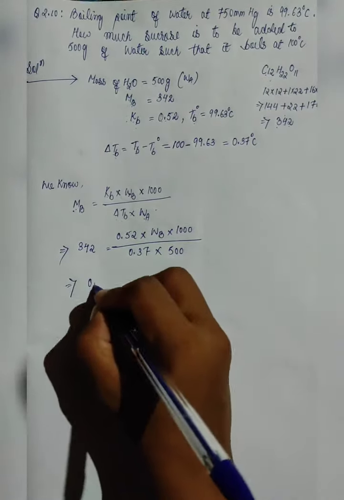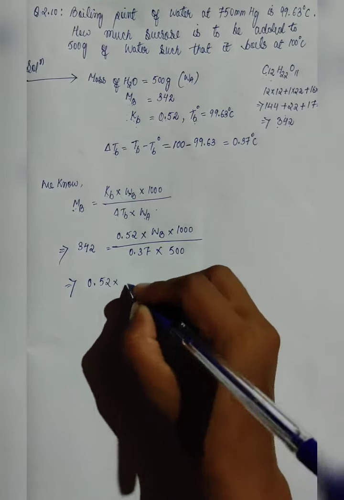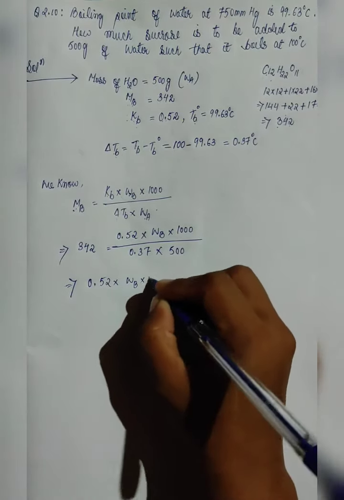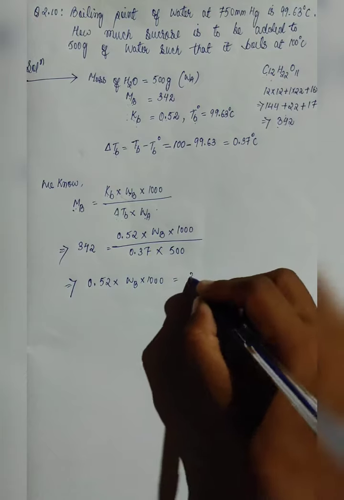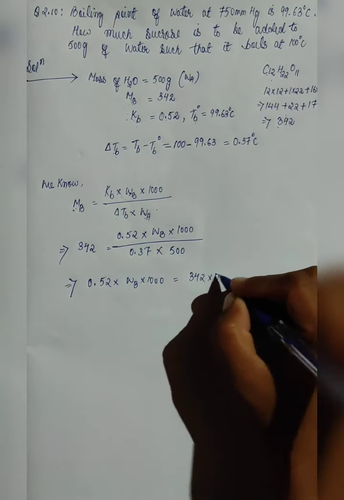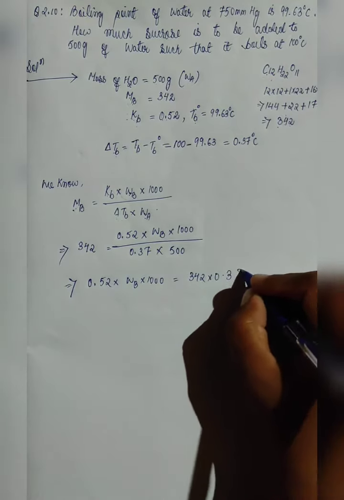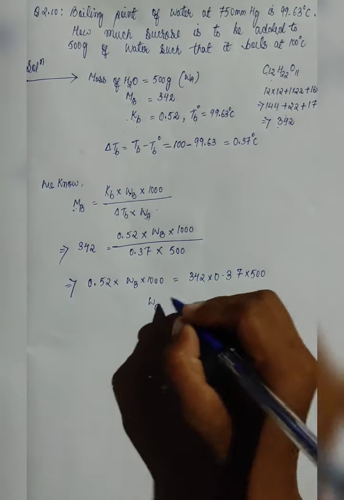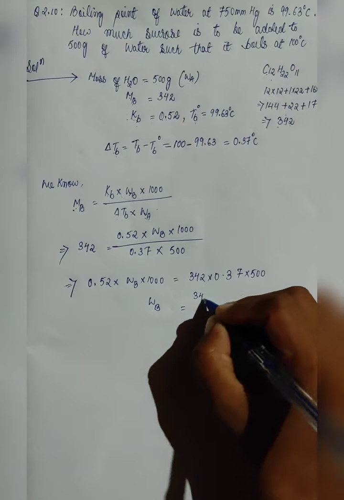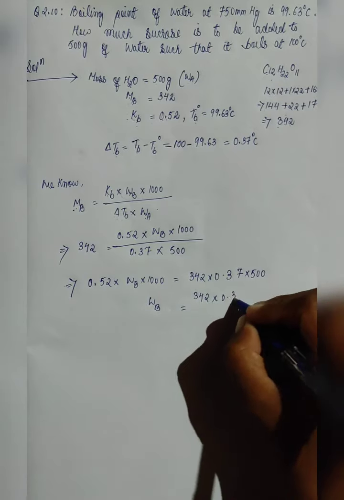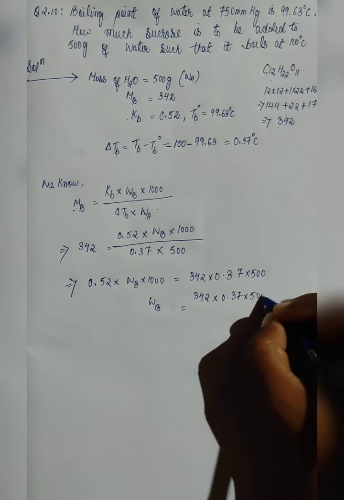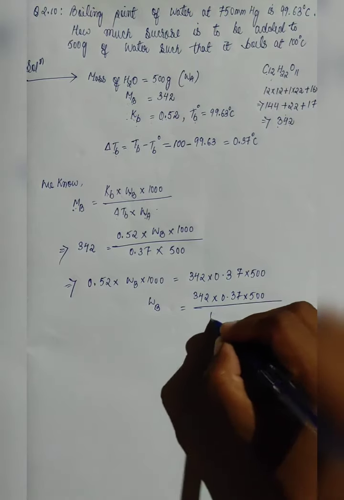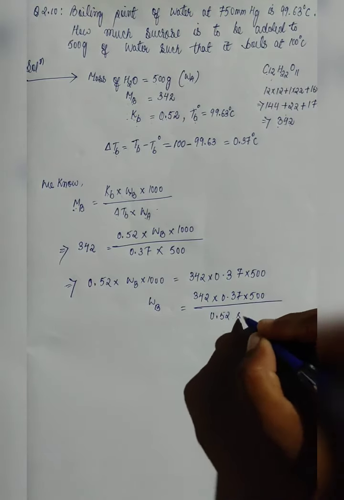So upon cross multiplication, Wb we can write as 342 into 0.37 into 500, divided by 0.52 into 1000.